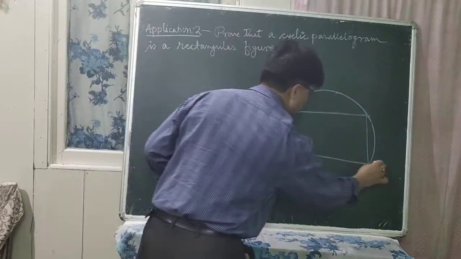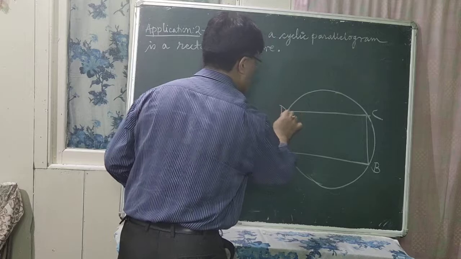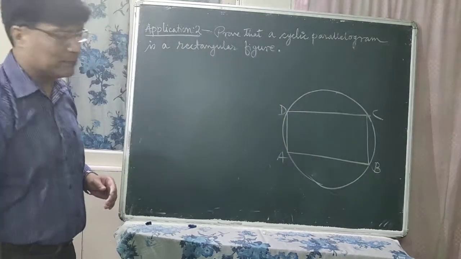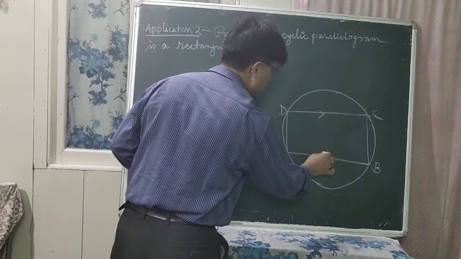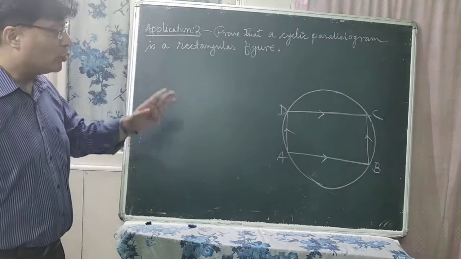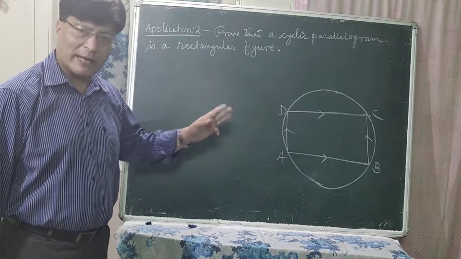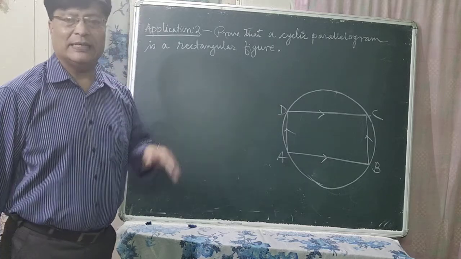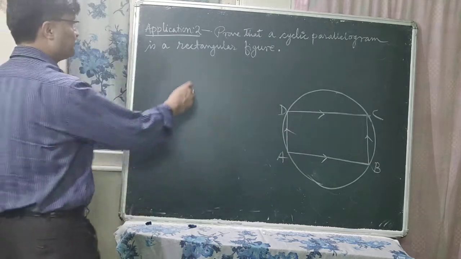So this ABCD is a cyclic parallelogram. That means these opposite sides are equal and parallel. So ABCD is a parallelogram and it is inscribed in a circle, right?